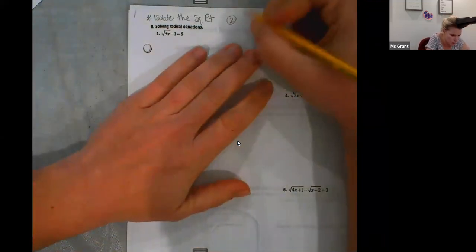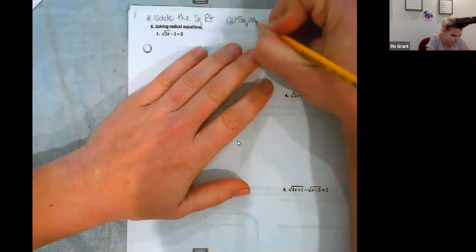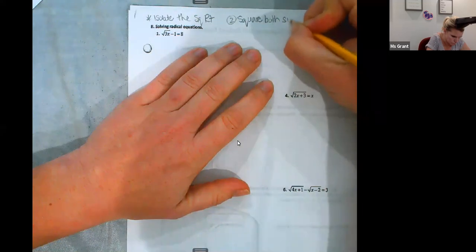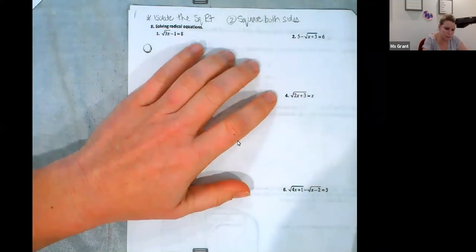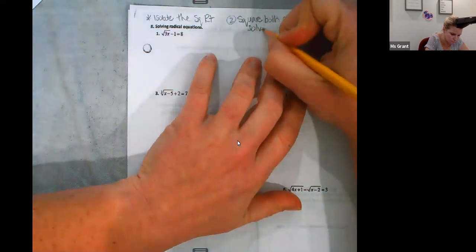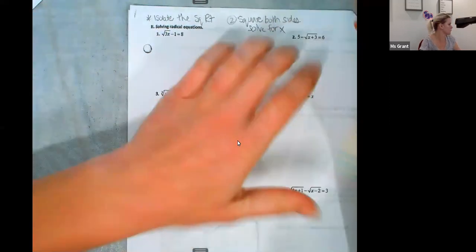Step 2: square both sides, and when I square both sides, I solve for X.